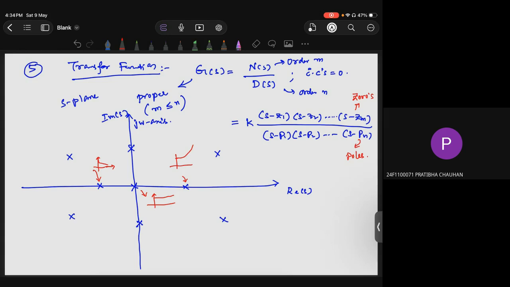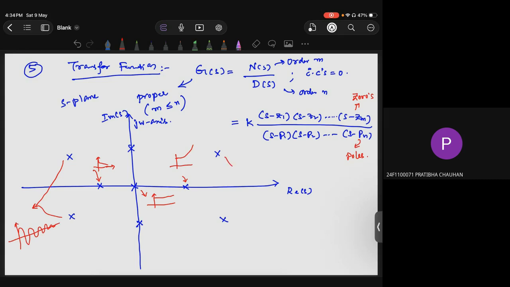And these two cases, the response starts somewhere and is an exponentially decaying sinusoidal function.